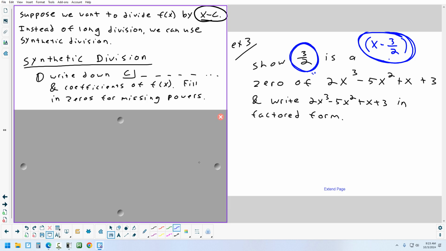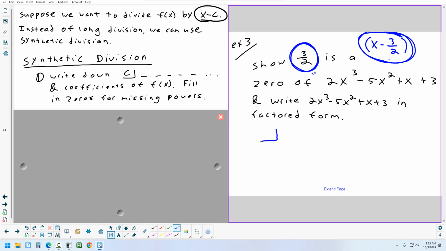Okay, so the first step is you're going to write down the number that comes after the minus sign on the outside of a box, just like that. Then you're going to write down to the right of it all the coefficients. So we have 2, the squared term is -5, the linear term is 1, and the constant is 3.